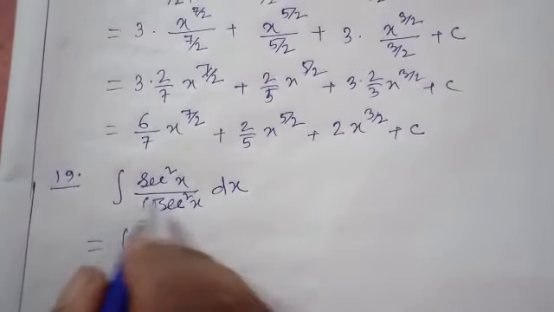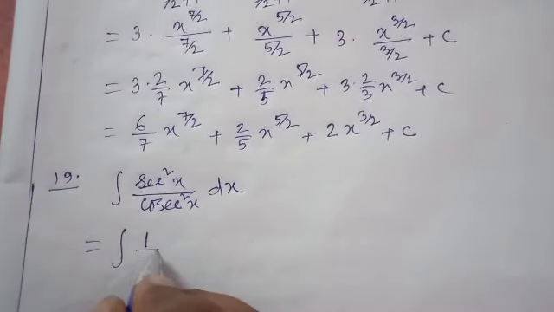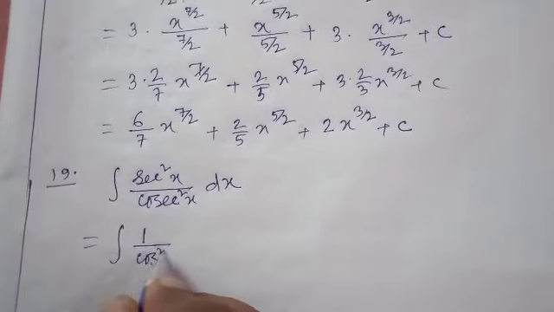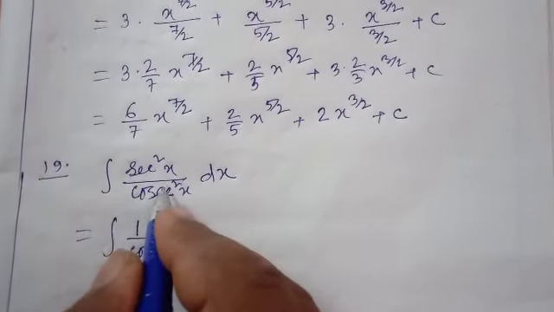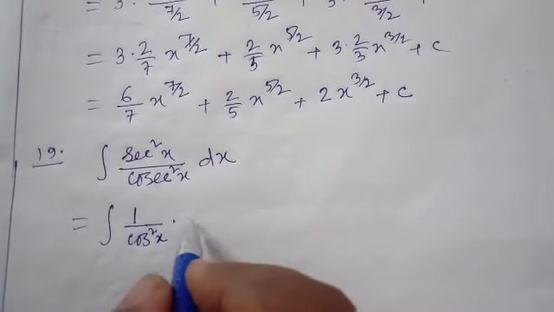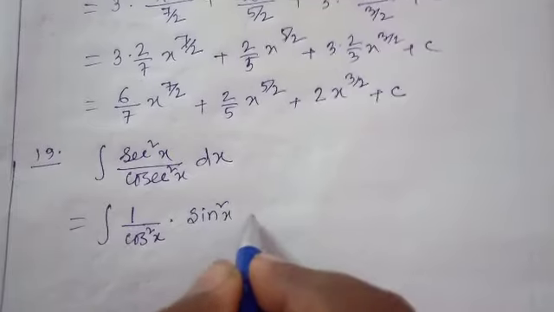So first thing, you know sec x means 1 by cos x and sec square x means 1 by cos square x, into, in denominator cosec square x, that means 1 by cosec square x. You know that 1 by cosec square x means sin square x dx.